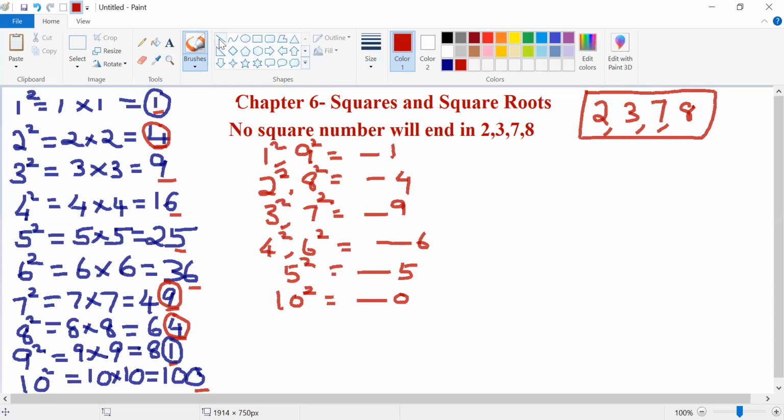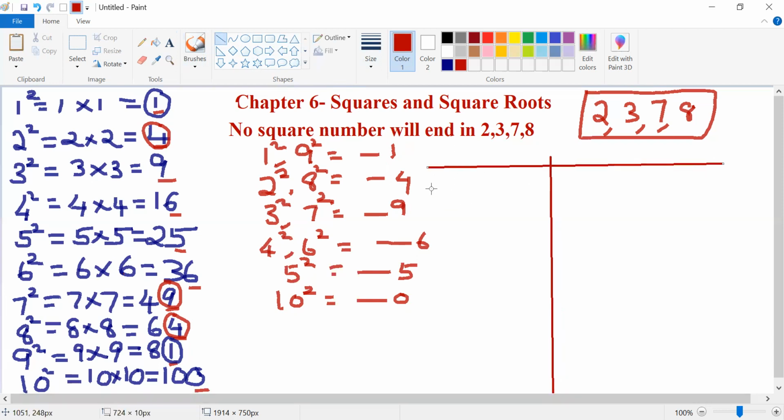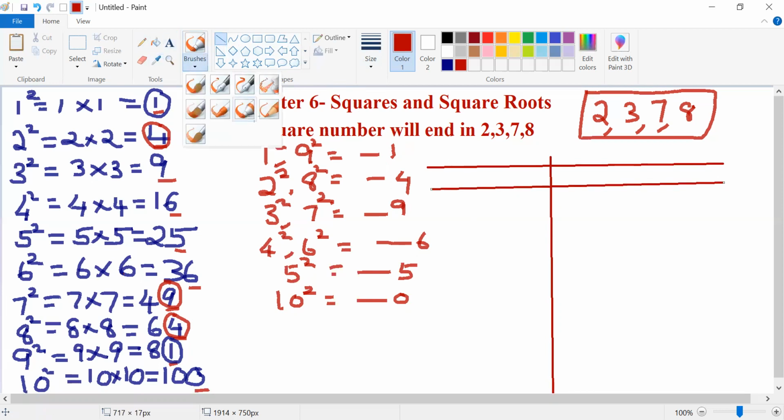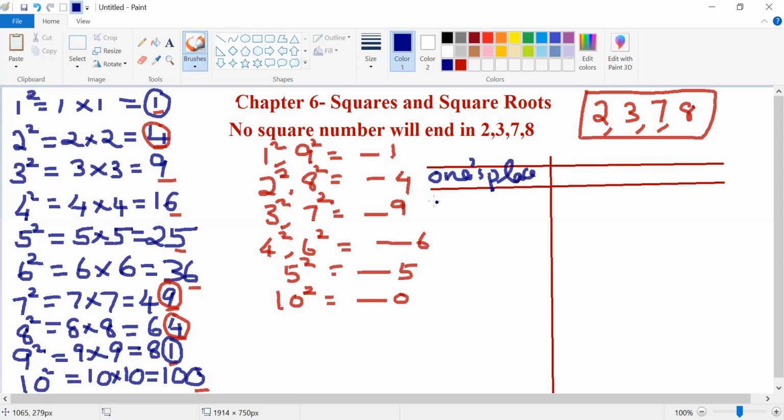So now let us write it as a table for you to understand a little more clearly. Ones place of number, ones place of its square.